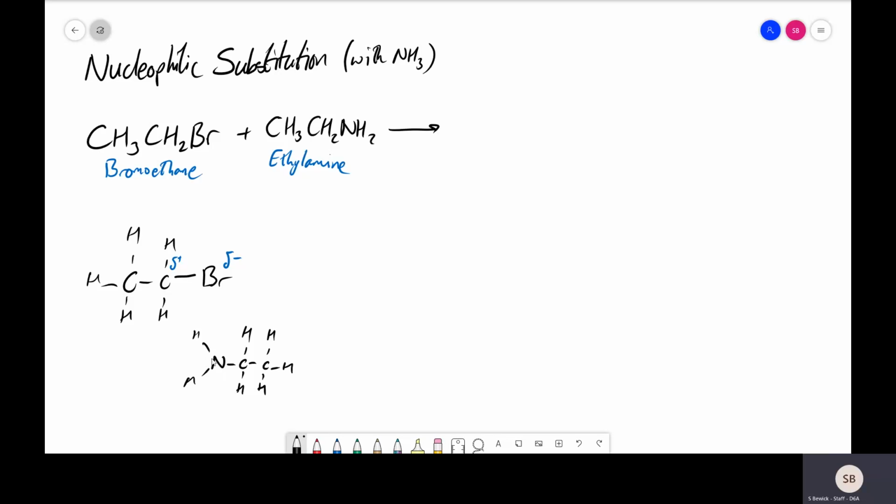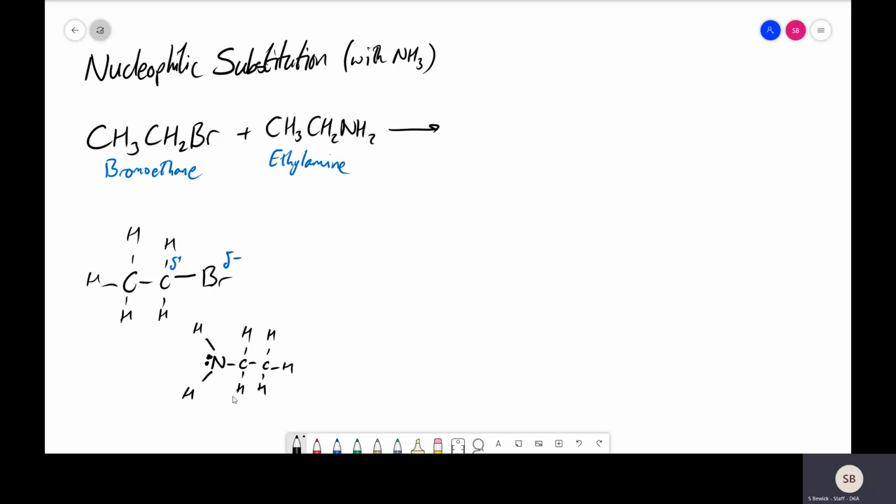Now, this nitrogen on the ethylamine, if you think about what I said when I first introduced amines, really they're just ammonia where you've replaced the hydrogen with a carbon chain. What didn't change at all was the fact there's a lone pair on that nitrogen.